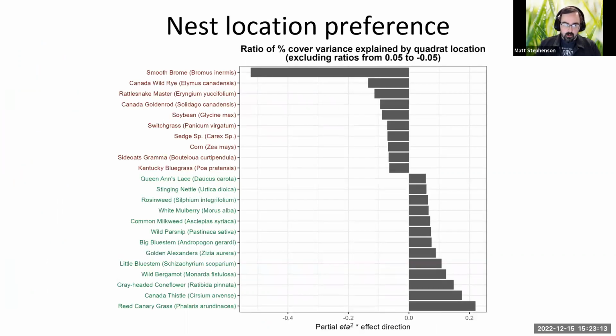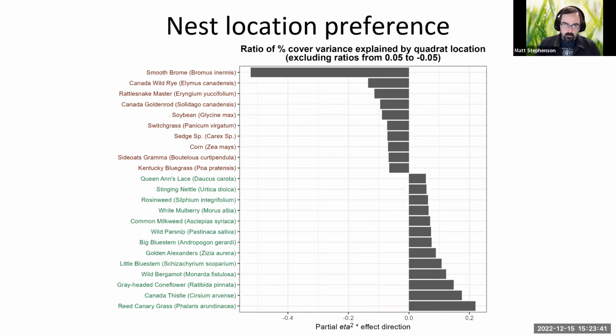Because of the way we did our vegetation surveys, we got some bonus science out of this. We were able to look at the vegetation community right where the birds chose to build their nests compared to the vegetation community within 5 meters of the nest. And we could see which plant species birds associated their nests with more often than you would expect given the plant species occurrence on the landscape.